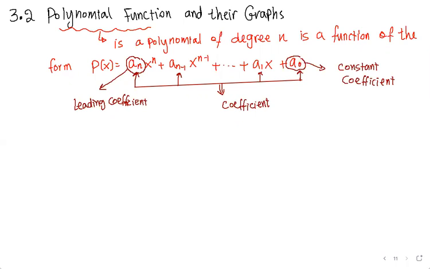This is just definition. You have to know the names because during this class I'm going to say leading coefficient. The leading coefficient, this is an, is connected to the variable with the greatest exponent n.